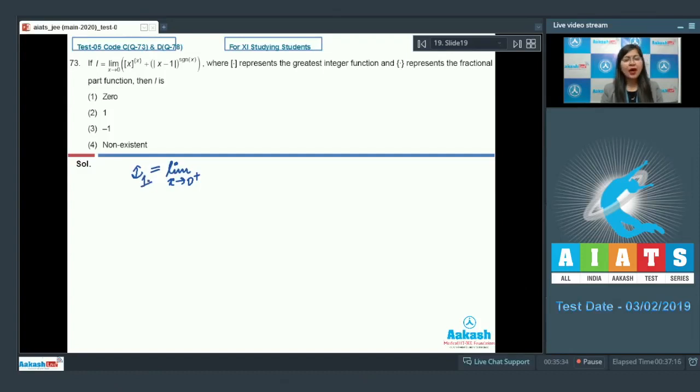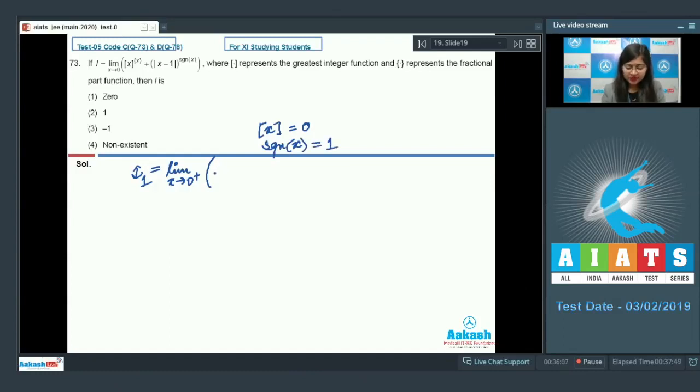Let us say that is I1. So when x is tending to 0 plus, the value of greatest integer of x will be 0, right? And the value of signum of x will be equal to 1, right?